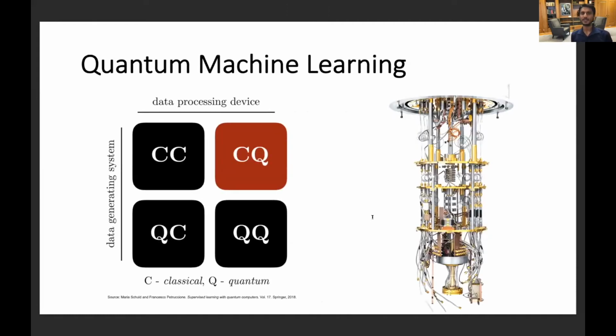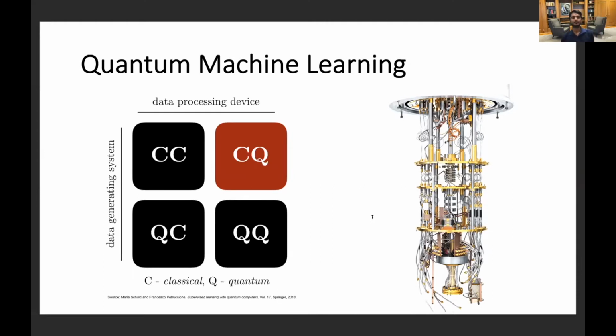Okay. So the quantum machine learning, this is a very nice representation of the domains of quantum machine learning. We know that there are two parts of machine learning. One is data, and then there is processing of data. So in the world between classical and quantum, one can have classical data, classical processing; classical data, quantum processing; quantum data, classical processing; and quantum data, quantum processing.